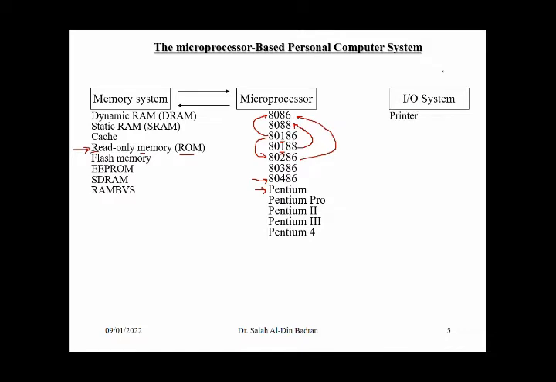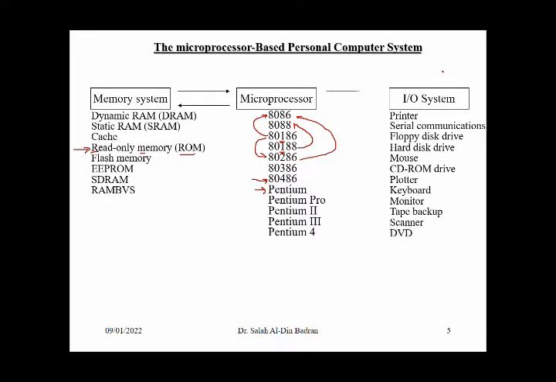Input-output devices include the printer, serial communications, floppy disk drive, which in our days has disappeared, hard disk drive, mouse, CD-ROM drive, plotter, keyboard, monitor, tape backup, scanner, DVD, etc. The microprocessor sends instructions to the input-output system and waits for an acknowledgment to process the response from the input-output system.